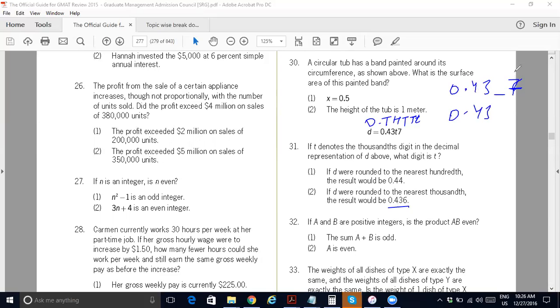Since the presence of 7 is there, the digit at the thousandths place will be increased by 1. So it can only be 5.